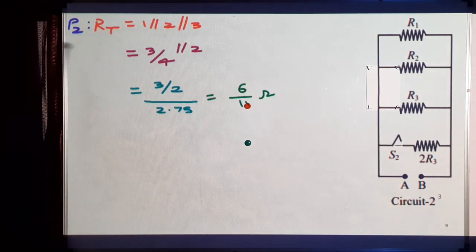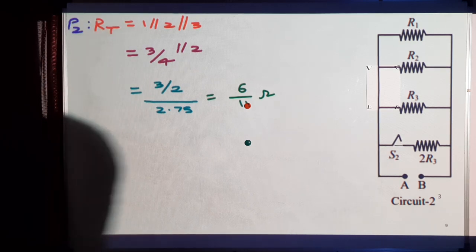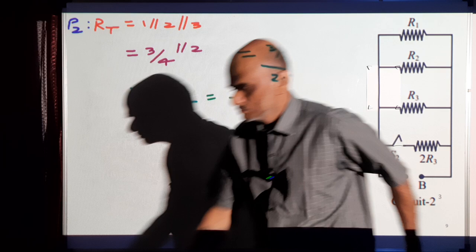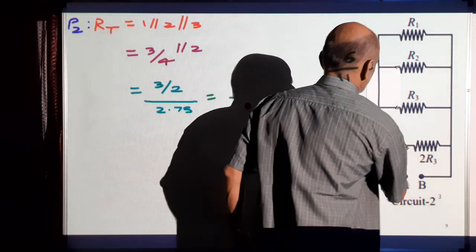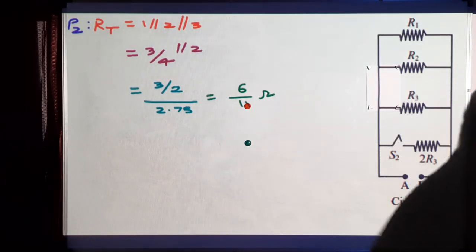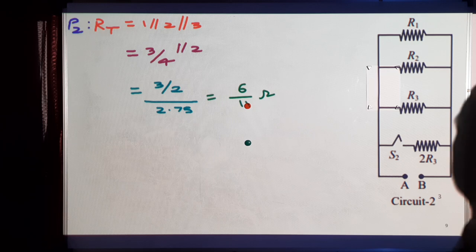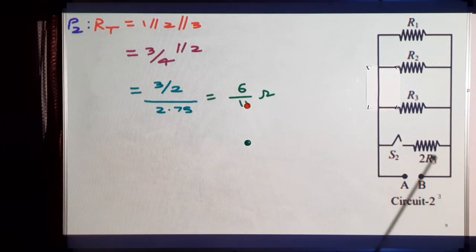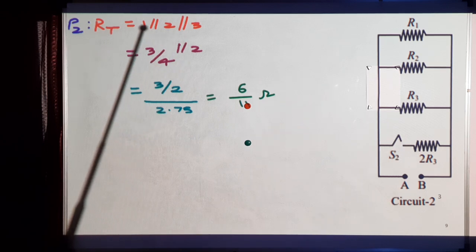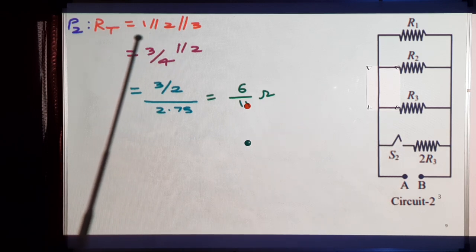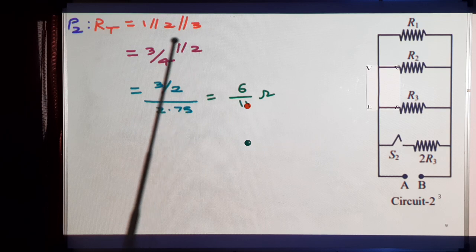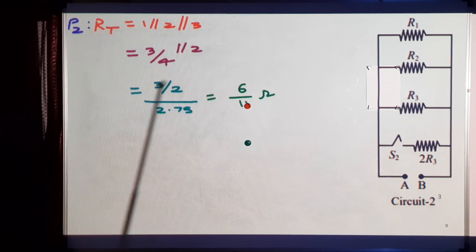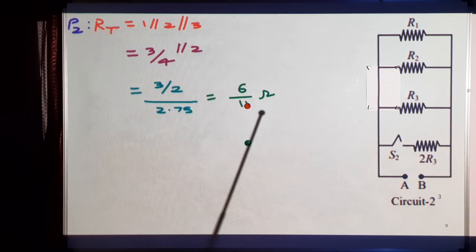To find P2, the switch is open, so R1, R2, R3 are in parallel. This resistance will not come in the circuit because there is zero current here. So the parallel combination of 1 and 3 can be understood as 3 by 3, and 3 in parallel with 3 is 3 by 4. Then in parallel with 2, product by sum, it is 6 by 11.